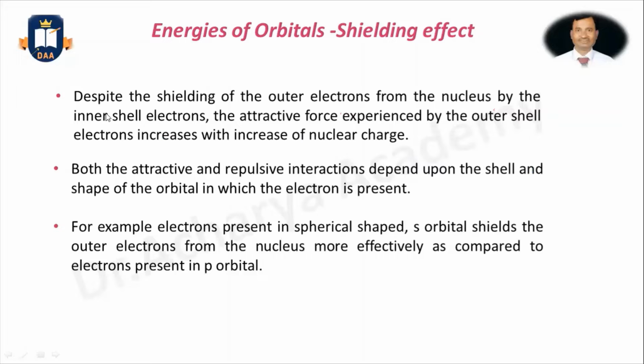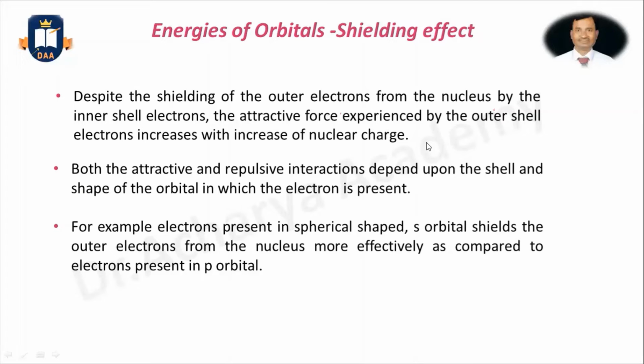So with this shielding of the outer electrons from the nucleus by the inner shell electrons, the attractive force experienced by the outer shell electrons increases with increase in nuclear charge.